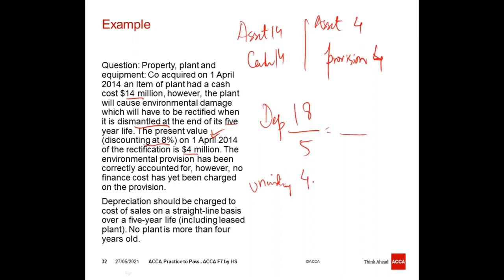That will be based on 4 million into 8%, so it will be 0.32 in terms of million and 320 in terms of thousands. That is my unwinding of discount. So the accounting entry should be finance cost debit and provision credit, 320.